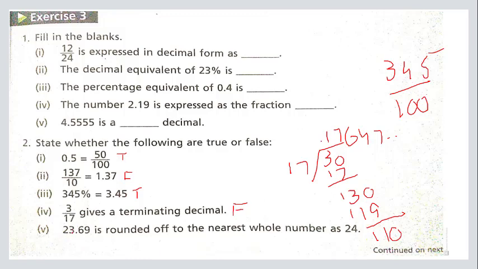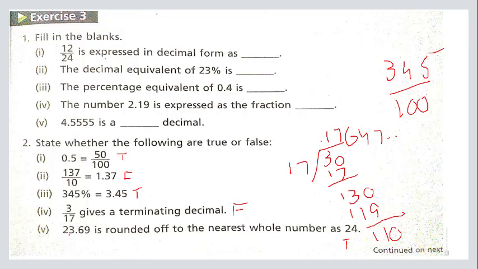Last one, 23.69 is rounded off to the nearest whole number as 24. This one is true. In the previous classes you have already learned rounding off, how to round off any number. This is 23.69. If we round off this to the nearest whole number, what will it be?